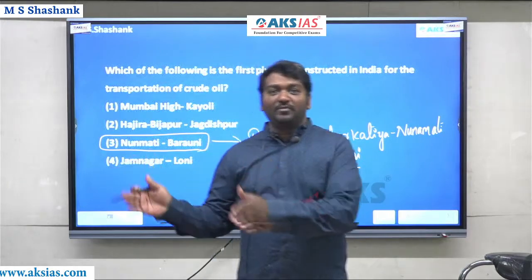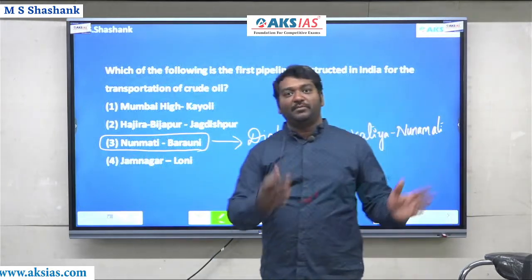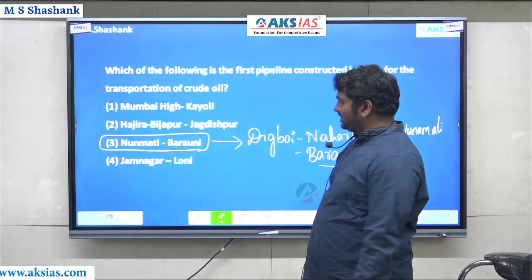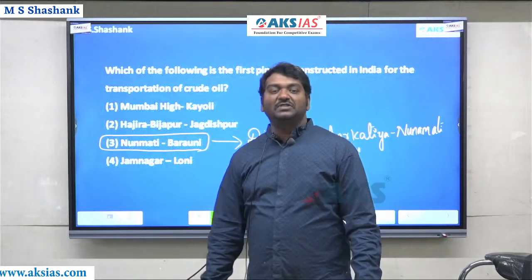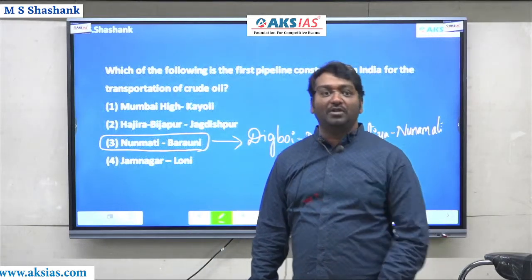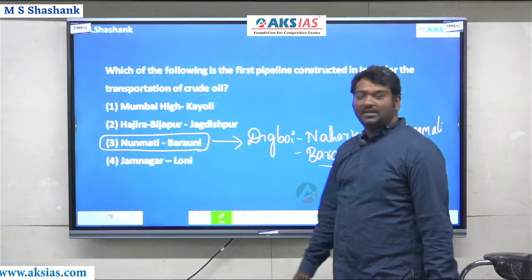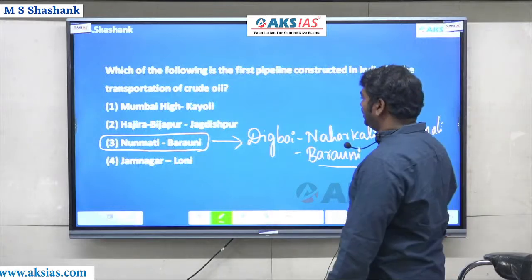Oil they are taking from Digboy to Barauni in Bihar, they are refining it and taking the money. So that was one of the biggest issues, because of which in Article 371, when they spoke about Nagaland, they said that the natural resources, we will give it to you only. You only handle the things. Because the riots happened in Assam.